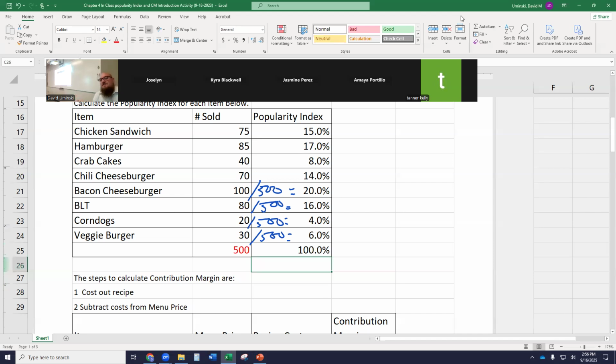Okay. So we do that, we got our math right because it equals 100%. If by chance we have like 101 or like 99.8, that's because of the rounding of the decimals. And so that's okay. But if you get like 105, then you've done something wrong. But right around that 100, it should be okay. Plus or minus like 1.